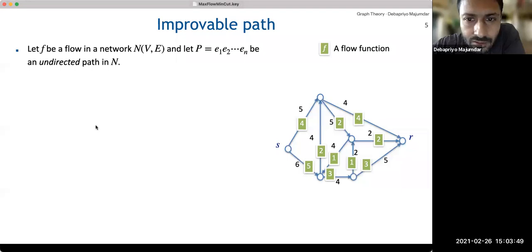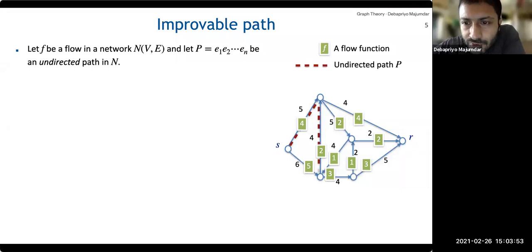Those numbers, yes, the 3 I need to correct back here: 3, 3, 2, and this should be 2. Now it looks fine. Okay, the path will be drawn again.